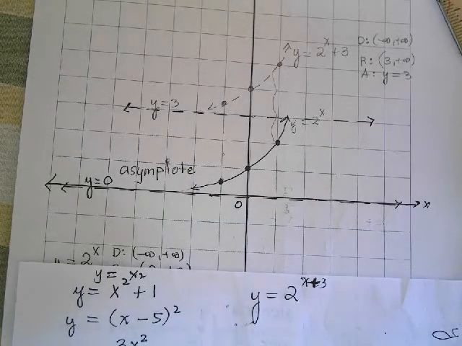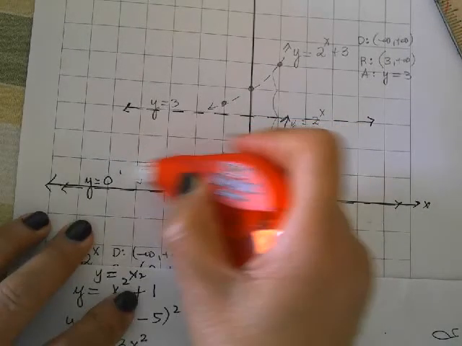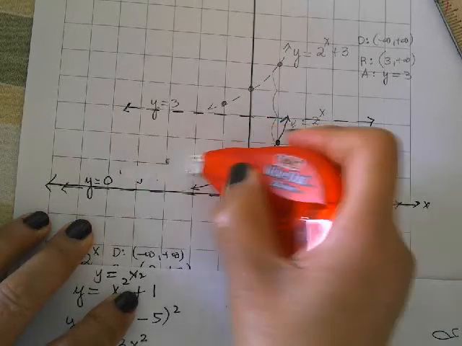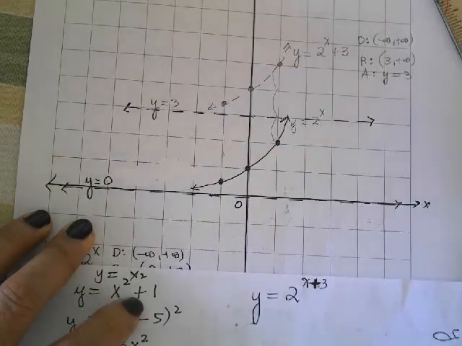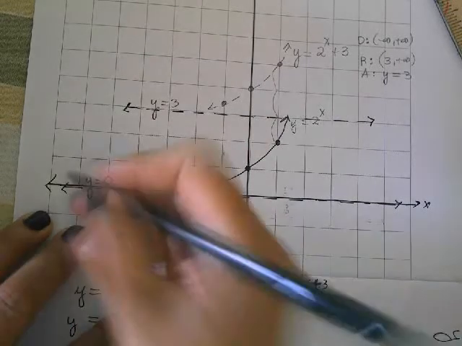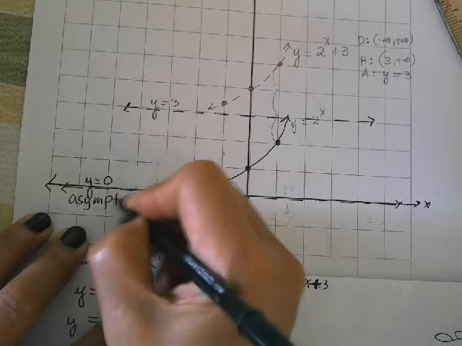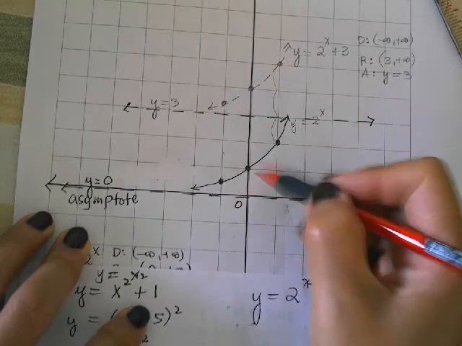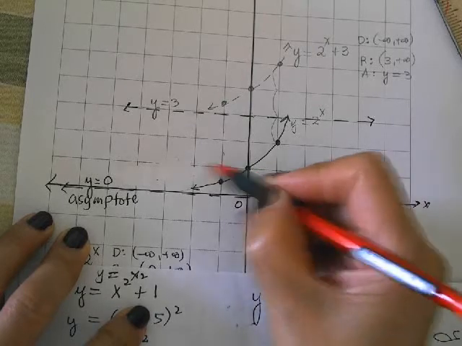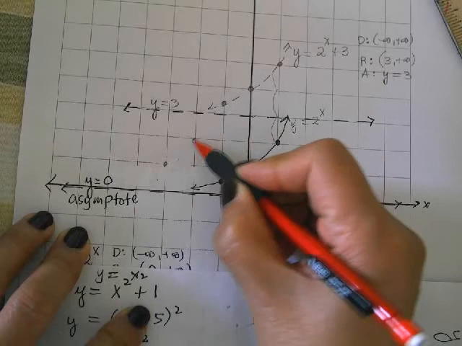Let me just erase what I wrote here, and I will write it somewhere else so we can see our graph. So y equals 0 is our asymptote. Now let's move the parent graph 3 units to the left. 1, 2, 3. This point 1, 2, 3.